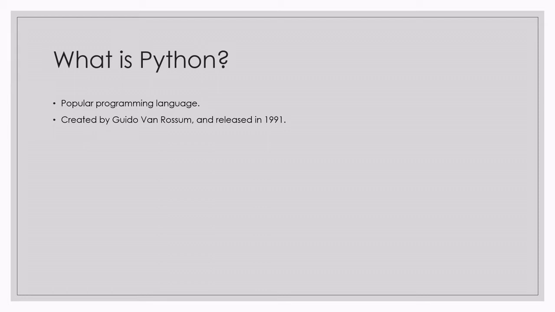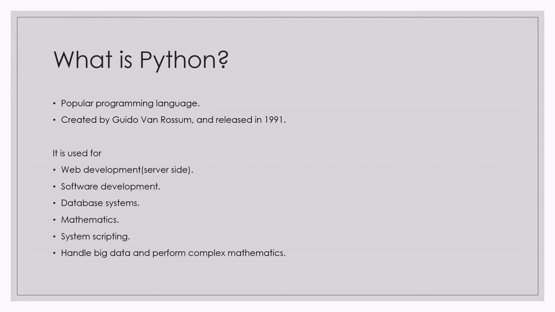In what other fields is Python used? Python is used for web development as a server-side language. That means we can use Python for web development. We have very popular frameworks like Django and Flask that are used for web development.